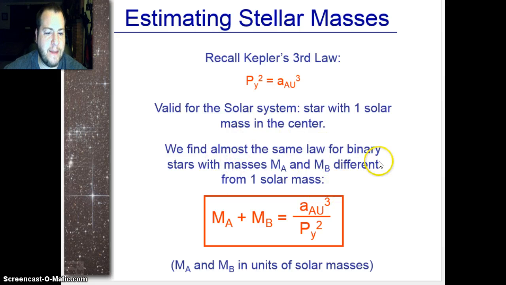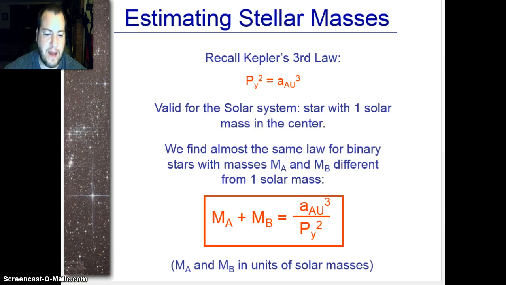We find that this same law applies for binary stars with masses A and B different from one solar mass, so this sum has to be different than 1: the masses added together are equal to the separation in astronomical units cubed over the period squared. Separation is the separation between those two stars.